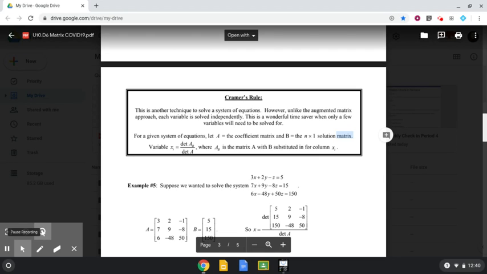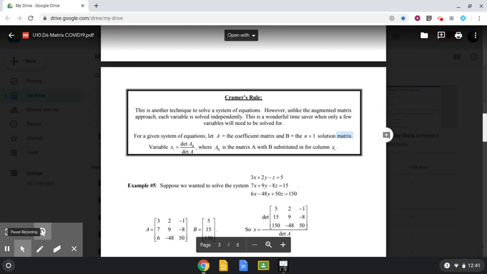So for a given system of equations, let A equal the coefficient matrix and let B be the n by 1 solution matrix. Variable x sub i is equal to the determinant of matrix A with replacement B divided by determinant A, where A sub B is the matrix A with B substituted in the column for x sub i.